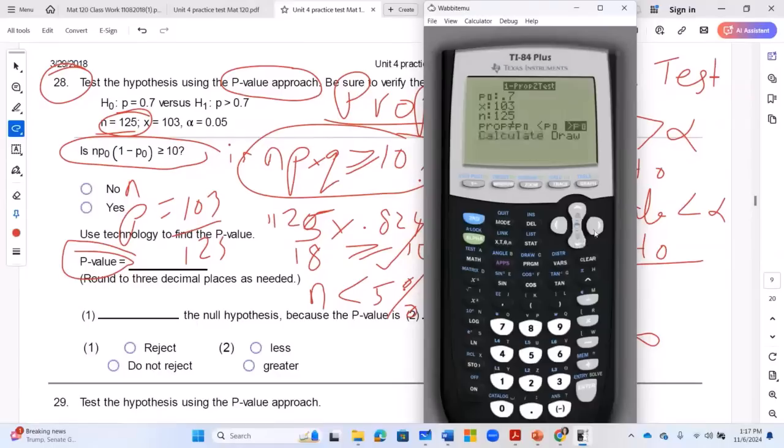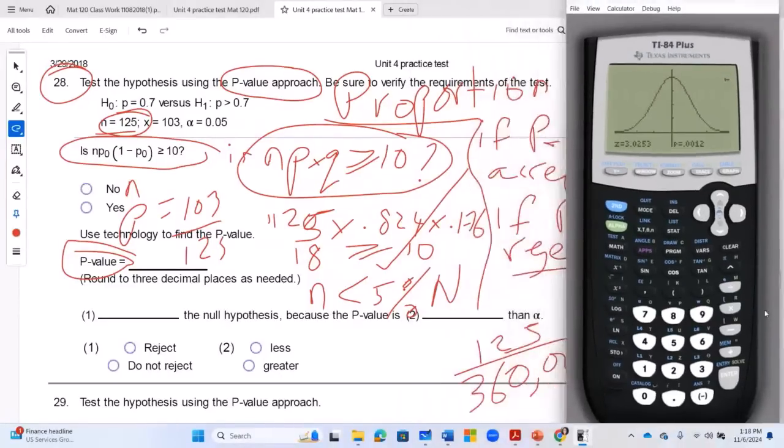Whenever I'm doing a test, whether right tail, left tail, or two-tailed, I like to draw. So let me draw. I have drawn, and I found that the p-value is 0.0012.